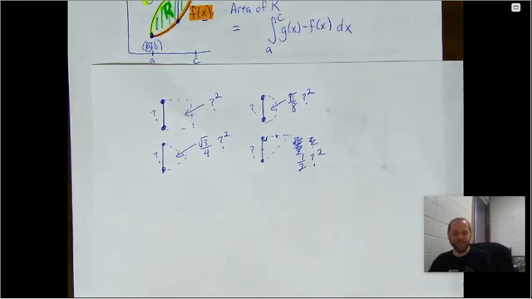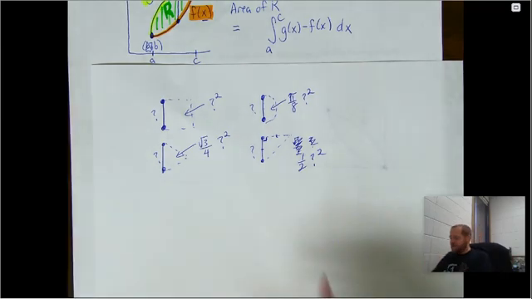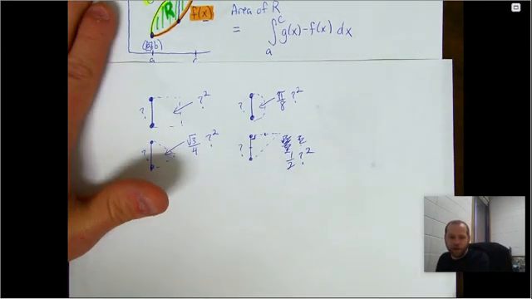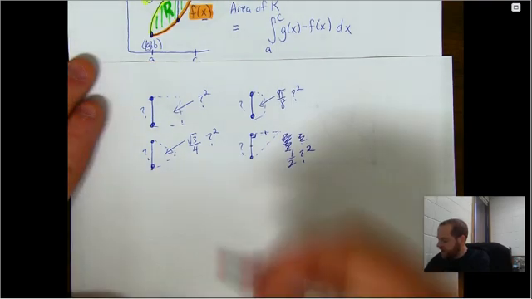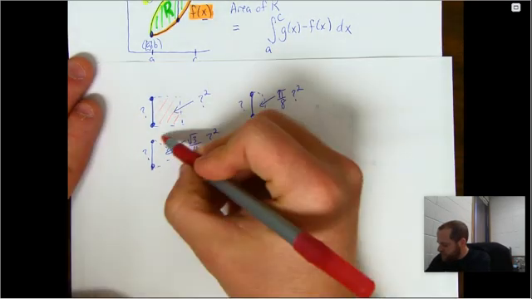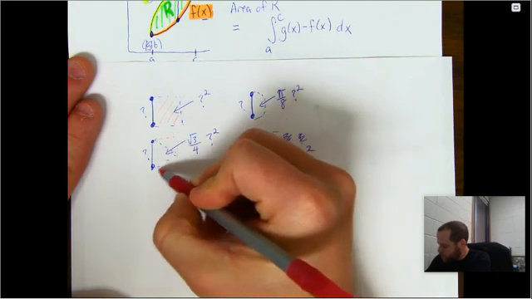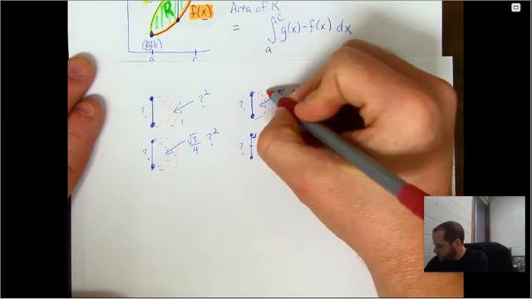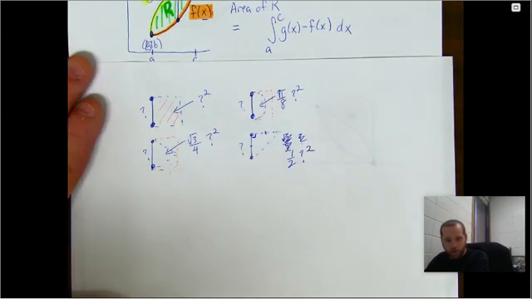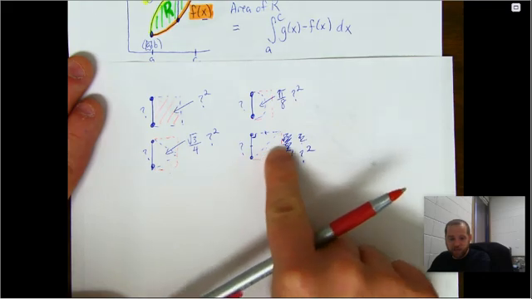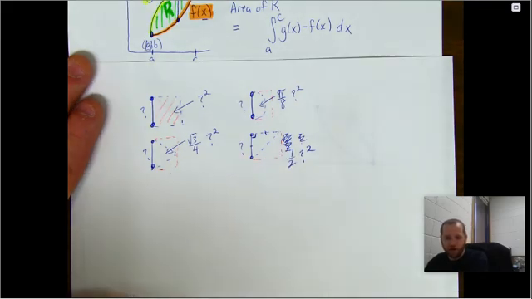I tried to make that one harder than it is. And what we notice is that it doesn't matter what cross-sectional area we're creating here, they are all some version of the square. This one, we just took away part of the square. This one, we took away part of the square. This one's easy because we took away exactly half of the square.